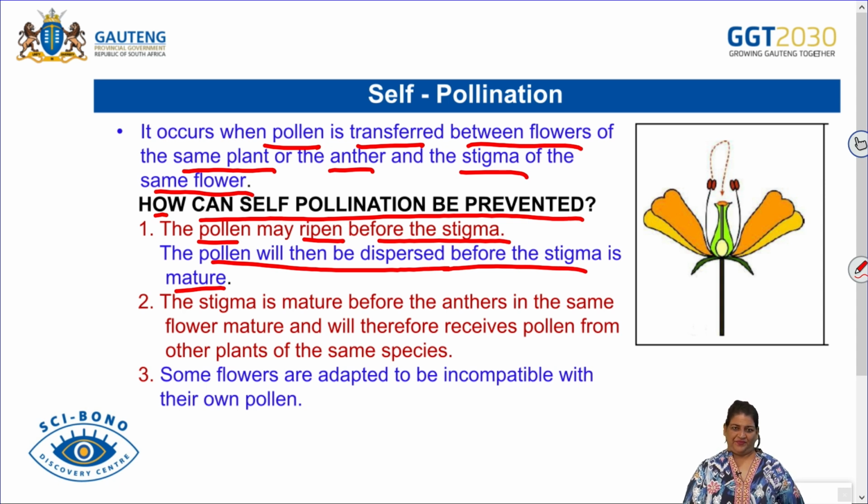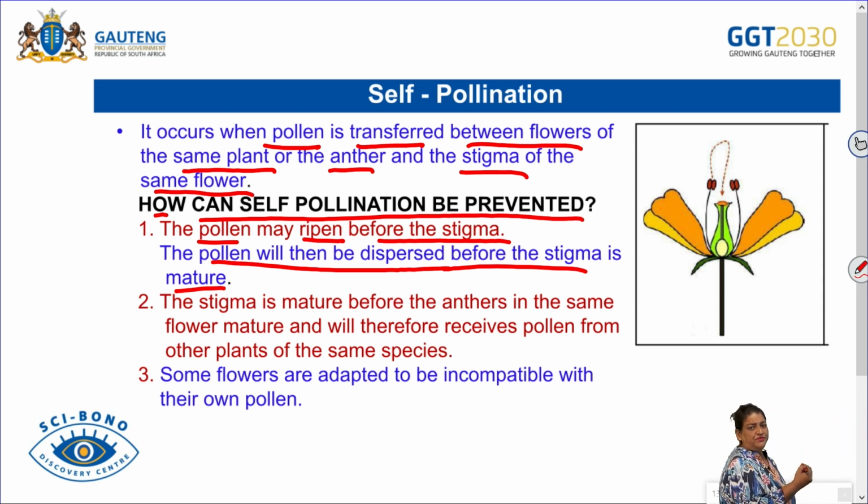It's not yet matured. So some of the pollen produced by that flower is going to move to another flower by an insect. So that's how self-pollination is prevented. That pollen that's matured will be dispersed, meaning transferred, before the stigma is mature.